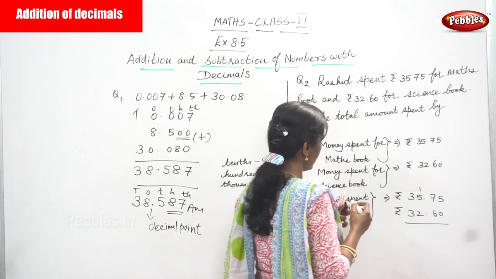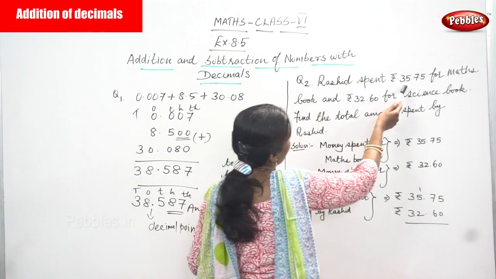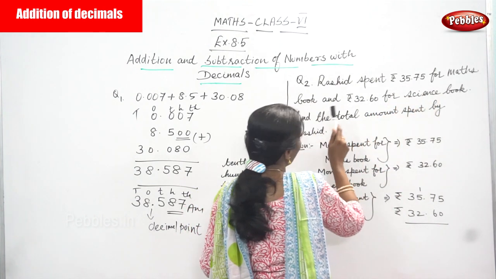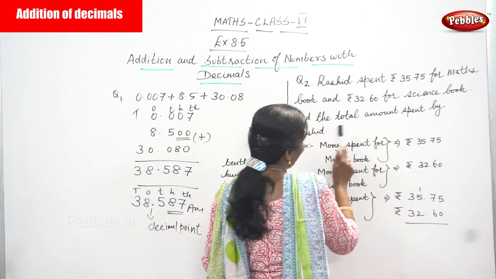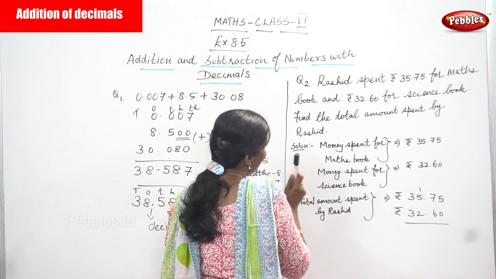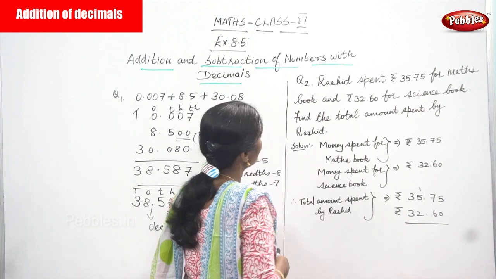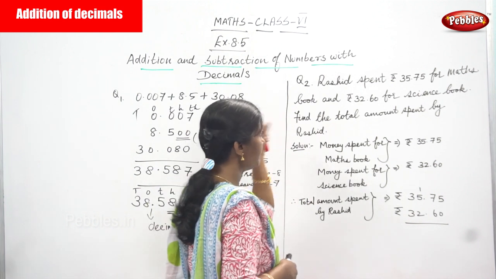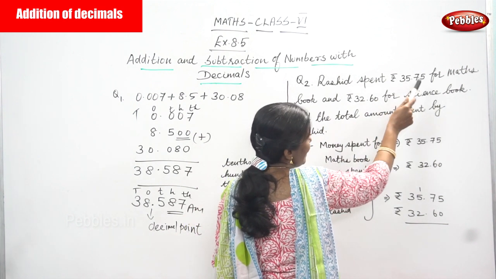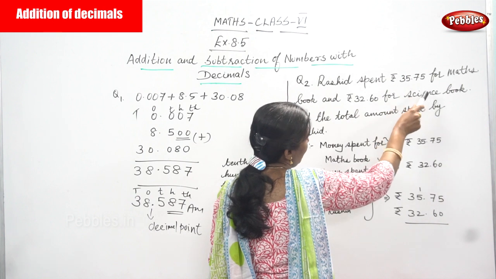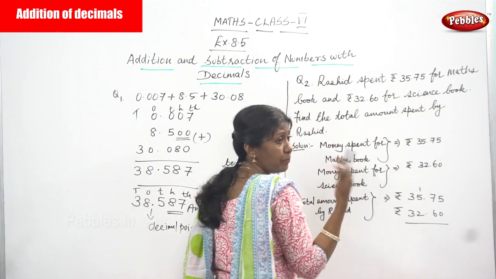Second question: Rashid spent rupees 35 and 75 paise for a maths book and rupees 32.60 for a science book. Find the total amount spent by Rashid. So look at this question. Rashid, a boy, spent rupees 35.75, that means he bought a maths book.